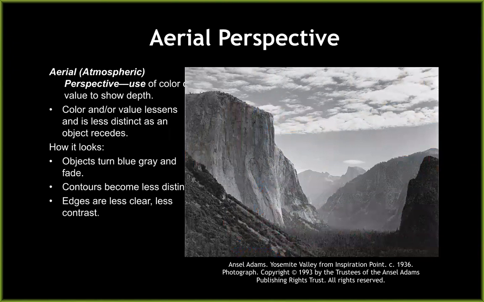If you go outside and the smoke isn't covering the mountains, you can see that the closer foothills or the closer edges of the mountains have a lot of color variation and a lot of detail, but as they get farther and farther away, it turns sort of a bluish gray. Contours get a little less distinct, edges are a little less clear, and there's less contrast.